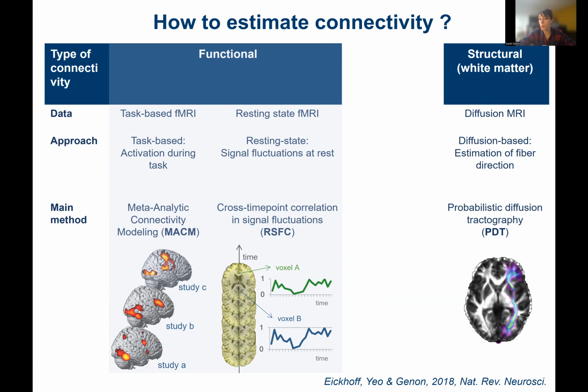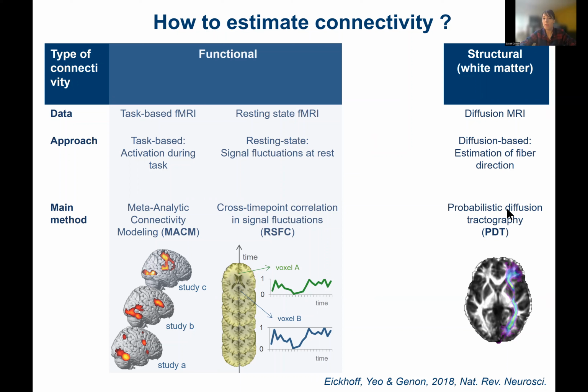So one famous approach, for example, is probabilistic diffusion tractography, which has been used in many studies for understanding brain organization based on a parcellation approach, more specifically, generally a clustering approach.